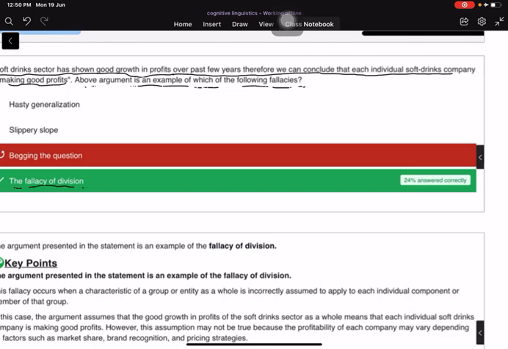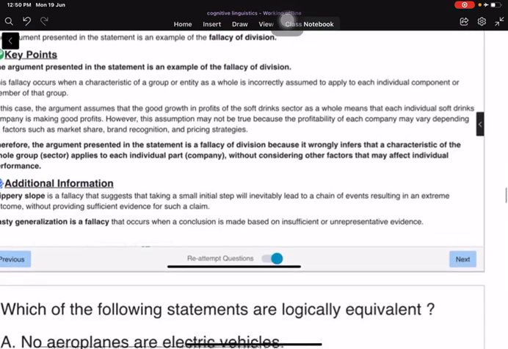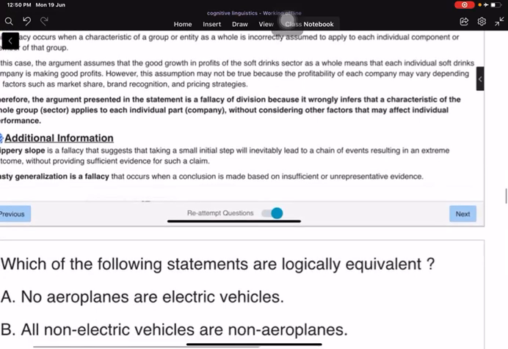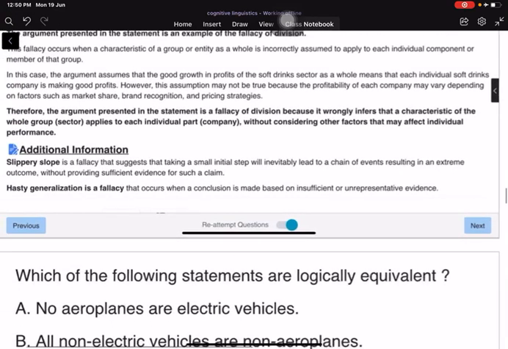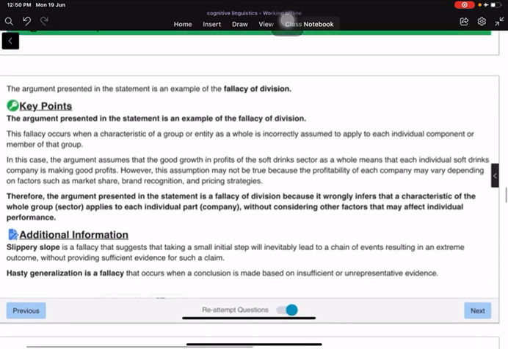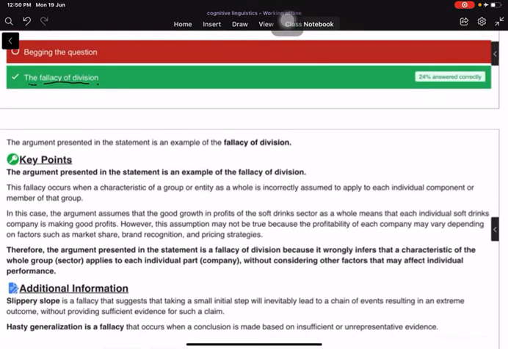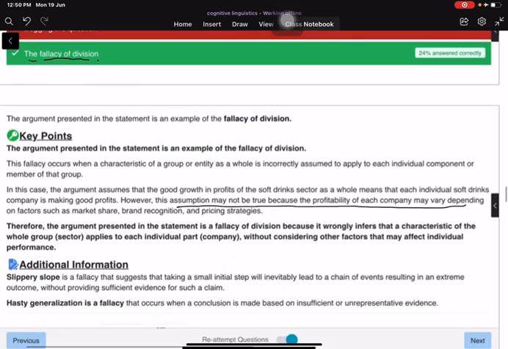That's the fallacy of division. This assumption may not be true because the profitability of each company may vary, right?